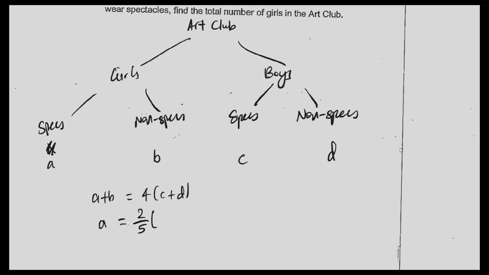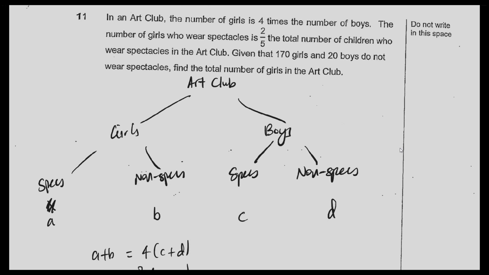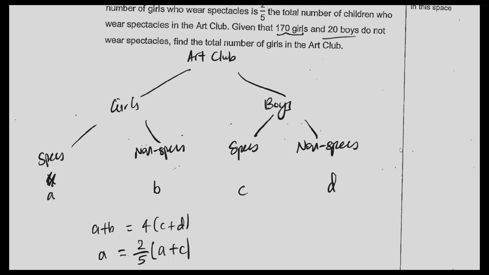So that will be the girls who wear spectacles plus the boys who wear spectacles. Given that 170 girls and 20 boys do not wear spectacles, find the total number of girls in the art club. We can replace these constants with actual numbers, so this would be 170 and this would be 20.